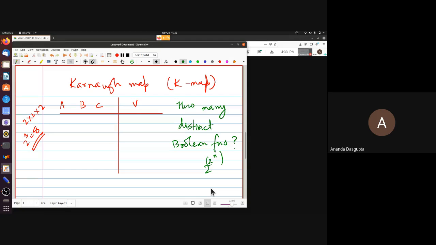Total number of distinct Boolean functions possible is 2 raised to the 2 to the n. In this case, 2 to the power 8. Now, I'm pretty sure all of you also know the standard way of enumerating these functions or these inputs. Go this way. This is one of the standard ways, but this is almost universally what is followed.